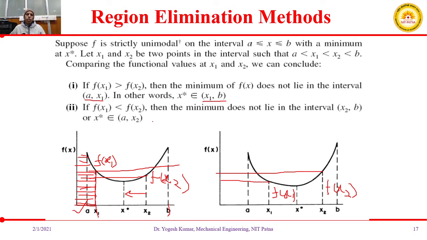Since f(x2) is larger, we can easily see which region needs to be eliminated. The region x2 to b needs to be eliminated, and your possible solution will lie from a to x2, from this value to this value. I hope this is clear and easily understandable to all of you.